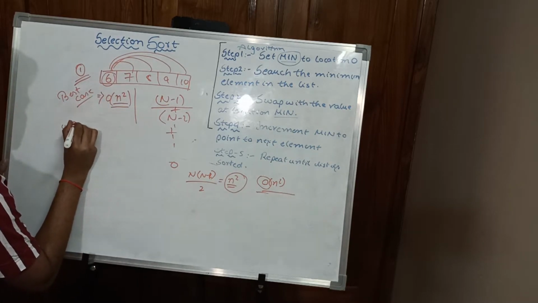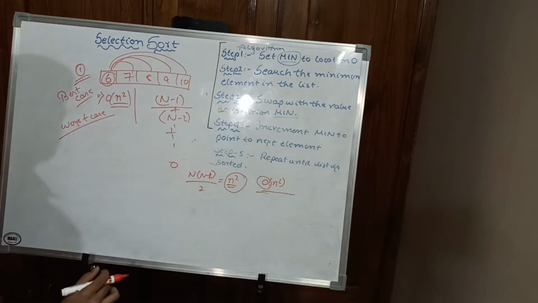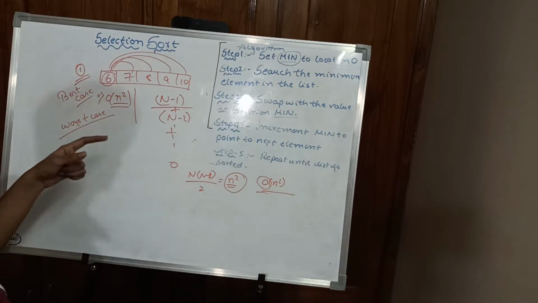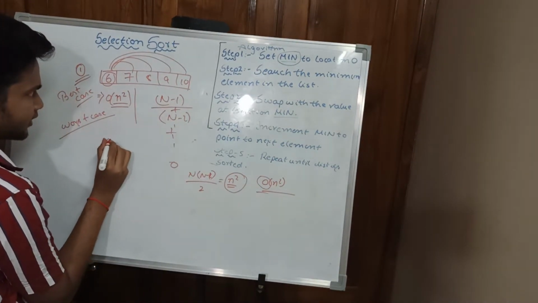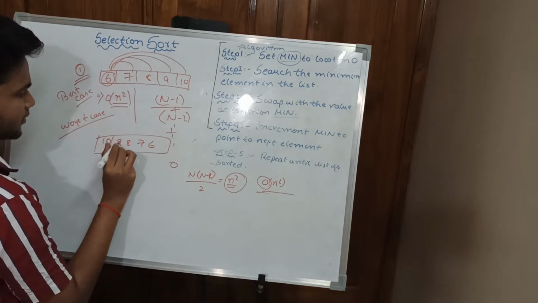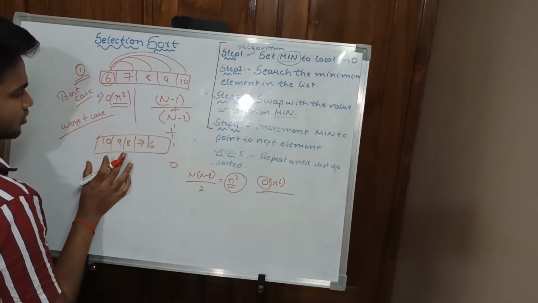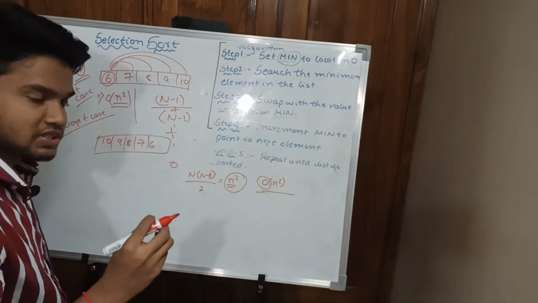So what is the worst case? Obviously, check it out. In the worst case, every element is in reverse order, that is, 10, 9, 8, 7, 6. These are the list of elements that are given to us. So we should perform a swap almost every time.